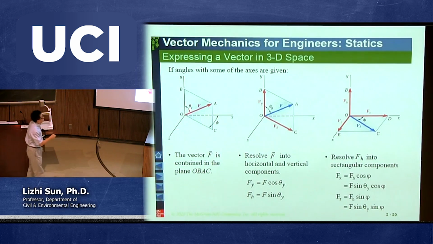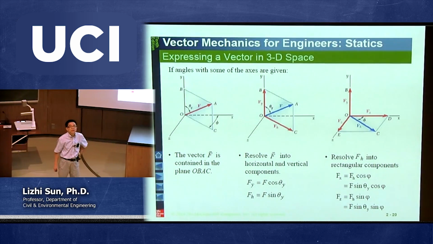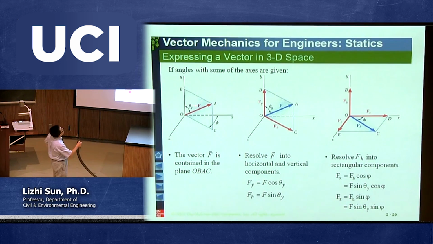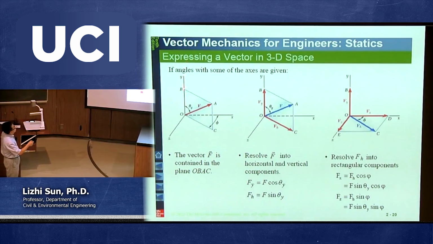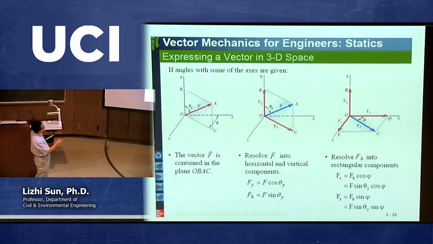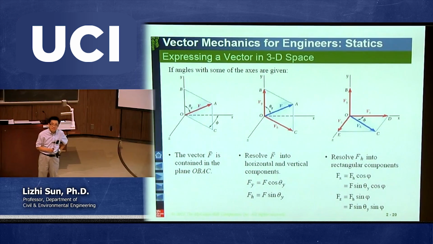Okay? So from this picture, first of all, we can calculate the y component very easily, simply because now we know this angle theta y. Look at this picture. If we know theta y, then we can easily build this triangle OAB. So this AB is perpendicular to this y. Although you may say, well, this is not 90 degrees, well, this is a three-dimensional setting. In fact, it is 90 degrees. You just look at it from a certain angle, right?